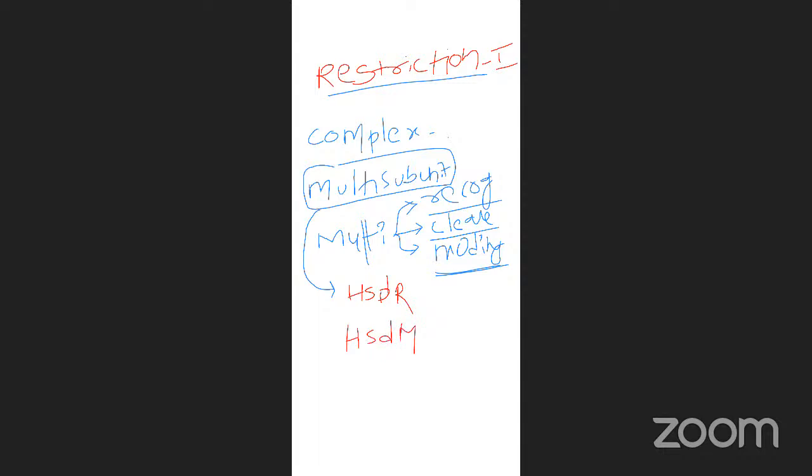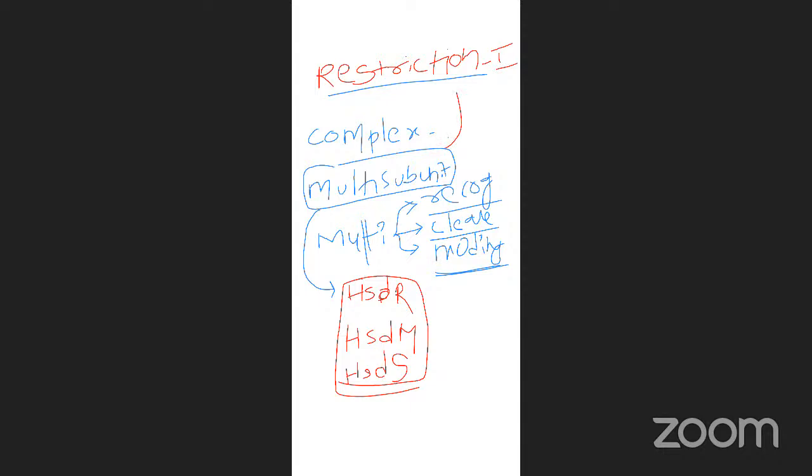So this one is also small, HSDM, HSDS. S here small, D small, S capital. So these three subunits combinedly form a multi-subunit restriction endonuclease.